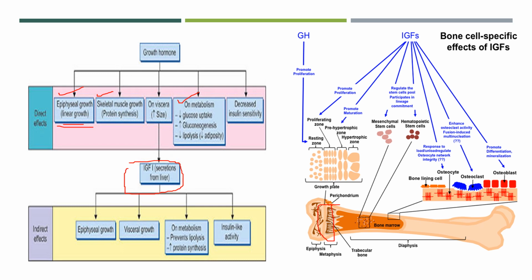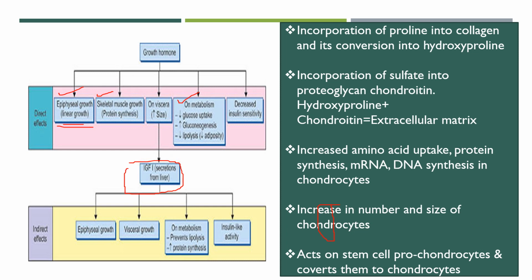Now growth hormone stimulates all aspects of metabolism of chondrocytes, the cartilage forming cells. The major actions of growth hormone on chondrocytes are incorporation of proline into collagen and its conversion into hydroxyproline, and incorporation of sulfate into proteoglycan chondroitin.